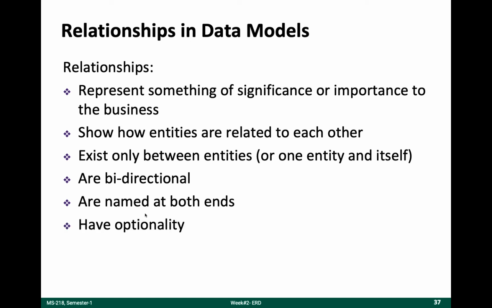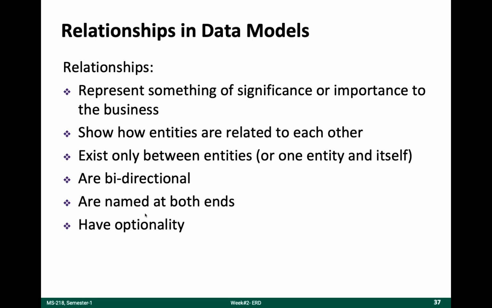These relationships can be optional. There could be mandatory or compulsory relationships, but it could be optional as well. You are given a choice. For example, if I want to store the names of my children in a database, every employee does not have dependents.